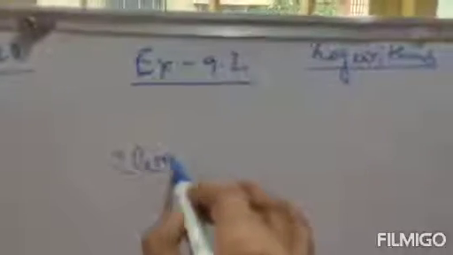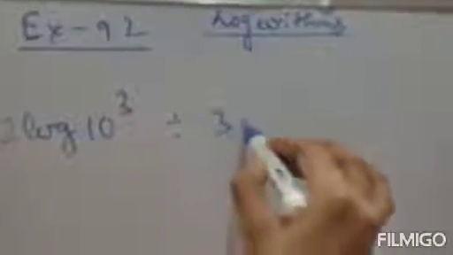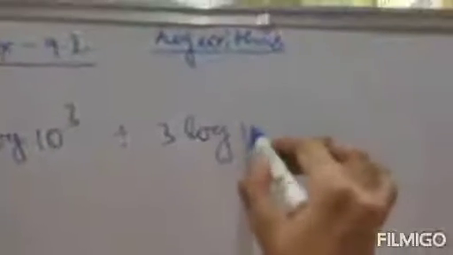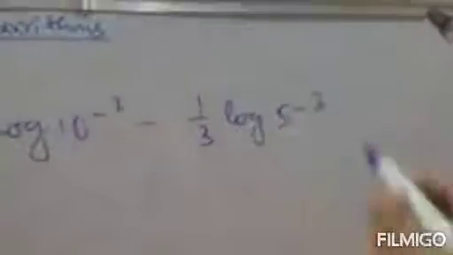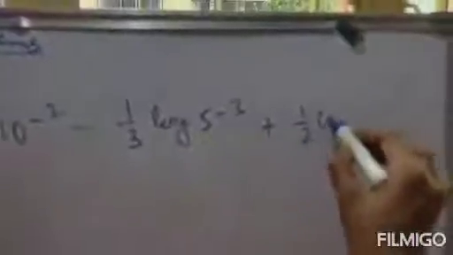Question number 4, that is given 2 log base 10 of 3, division, 3 log 10 to the power minus 2, minus 1 by 3 log 5 to the power minus 3 plus 1 by 2 log 4.